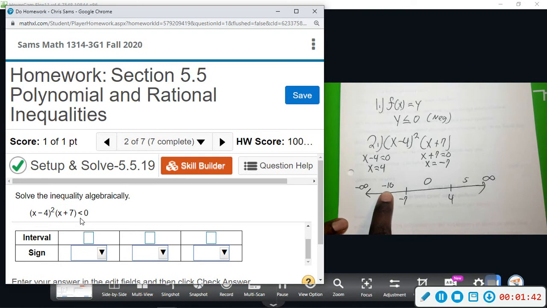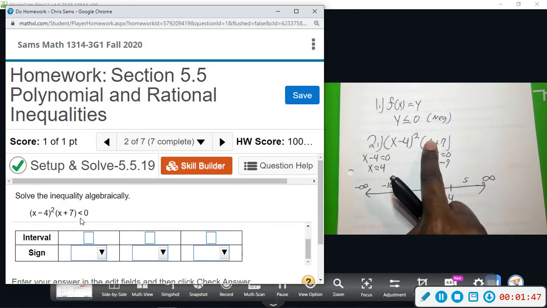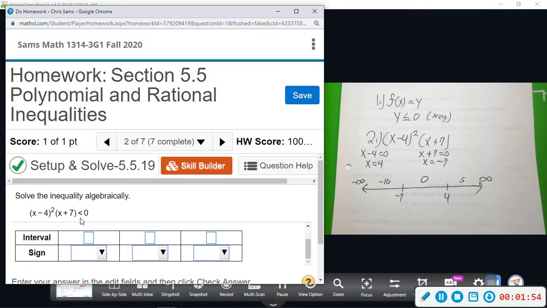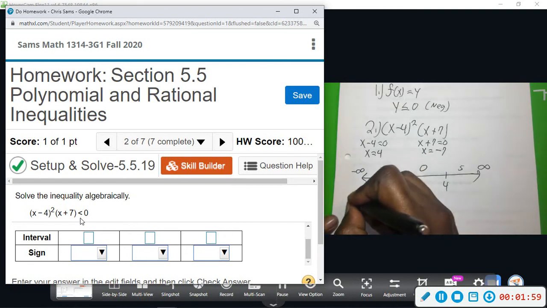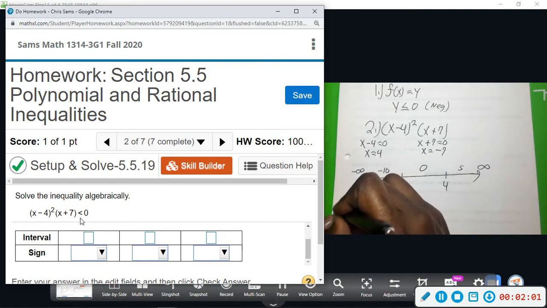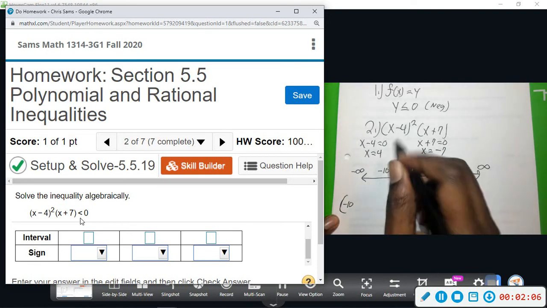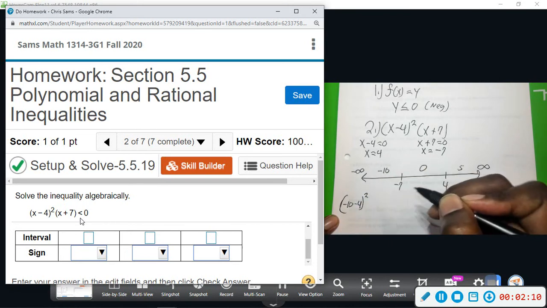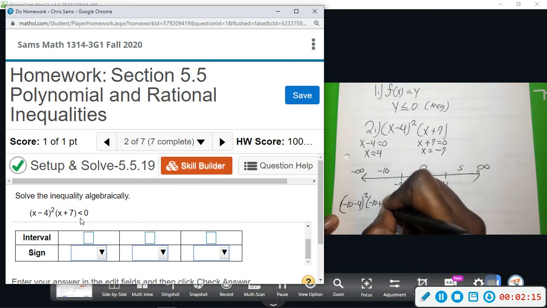We're going to plug each of these numbers into our expression one at a time and find the sign, whether it be positive or negative. We don't actually need the number, so I'm not going to solve it all the way, I'm just going to figure out the sign. Using negative 10 for x: negative 10 minus 4, squared, and then negative 10 plus 7.